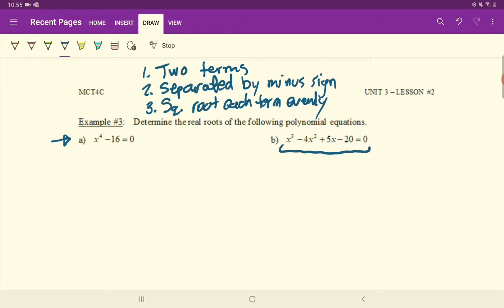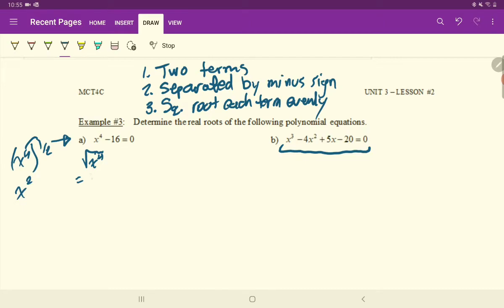And so the first step, and we do have that situation here, is to square root x to the 4. Remember that the square root of x to the 4 is really x to the 4 to the power of 1/2. Power to power law says multiply 4 times 1/2, so you're left with x squared.